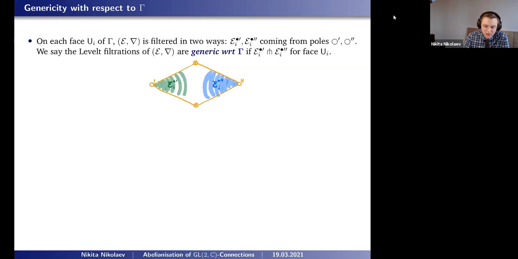So if I look at one of these faces, which is a quadrilateral, a diamond, then two of the vertices in this diamond are poles or Stokes directions. And as I explained, those are always equipped with these local Levelt filtrations, canonical flat filtrations. They're only canonically defined near these points.